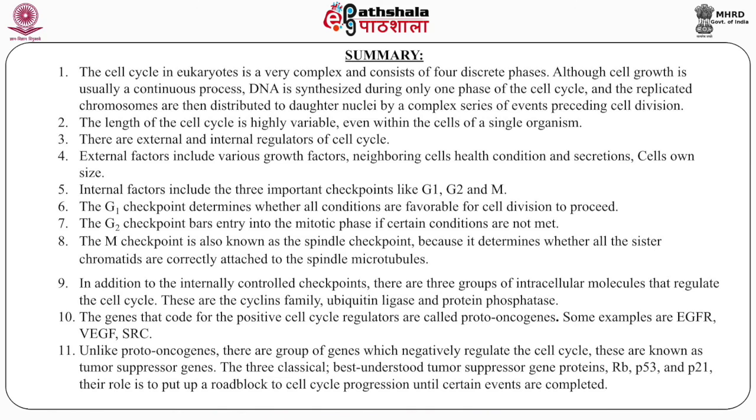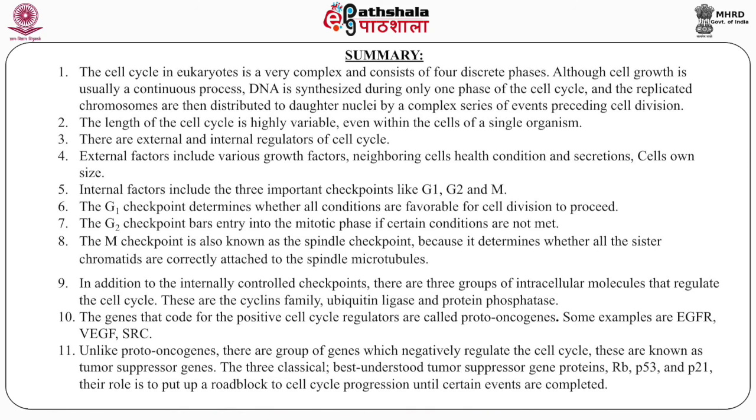The G2 checkpoint bars entry into the mitotic phase if certain conditions are not met. The M checkpoint is also known as the spindle checkpoint because it determines whether all the sister chromatids are correctly attached to the spindle microtubules.